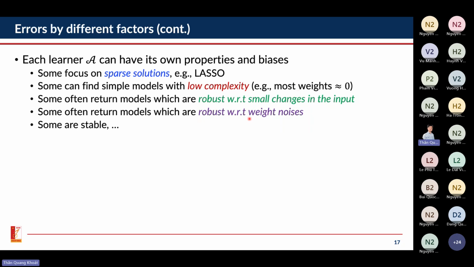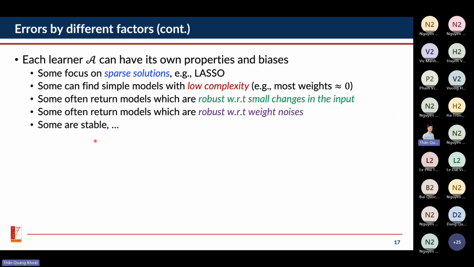But sometimes your algorithm can produce a model that is very robust to noise added to the weights, for example, right? And sometimes your learning algorithm can be stable, right? If we make some change to the training set, then the trained model is essentially the same. Okay, so in practice, there are many learning algorithms, and each one has different properties and preferences, right?